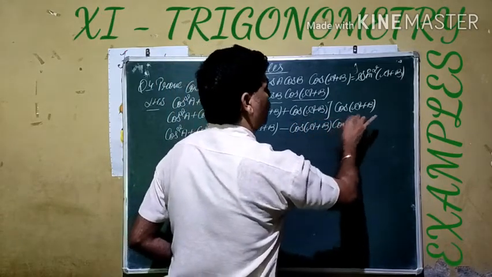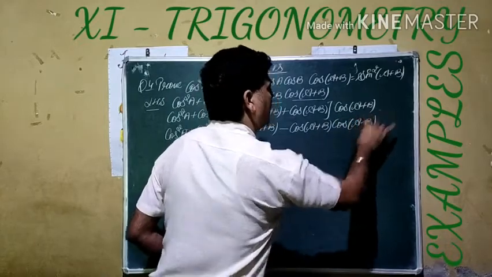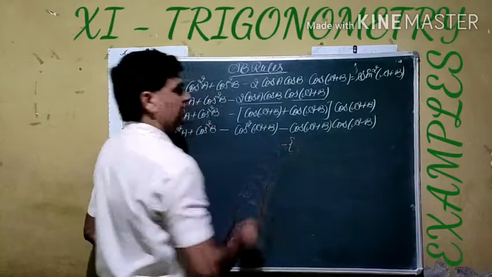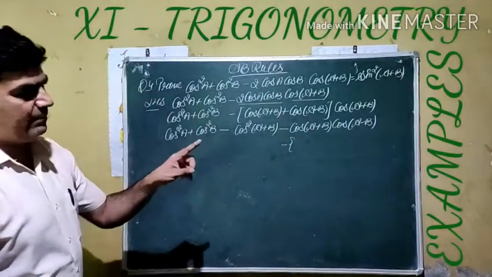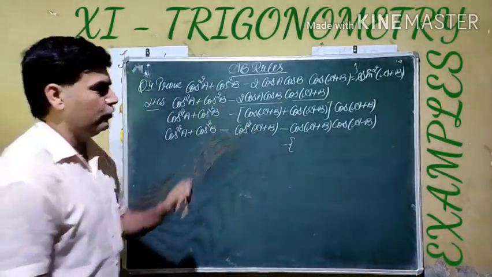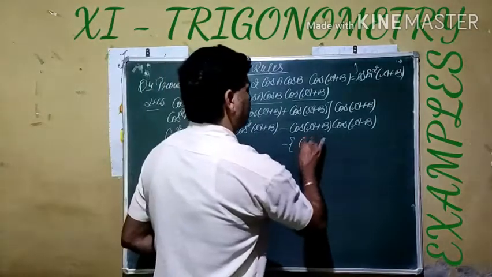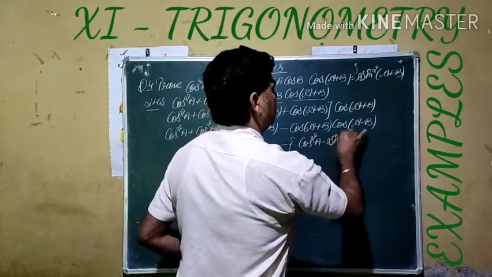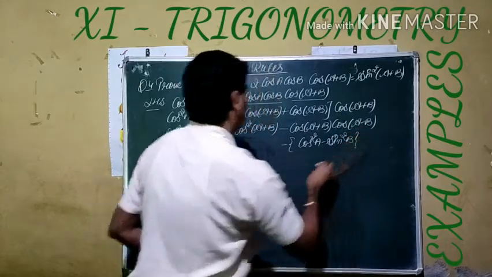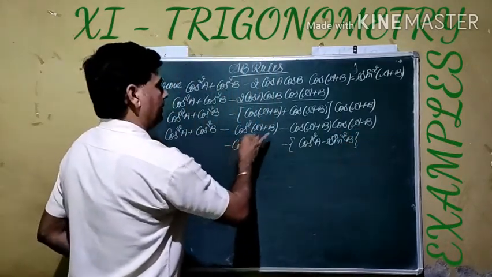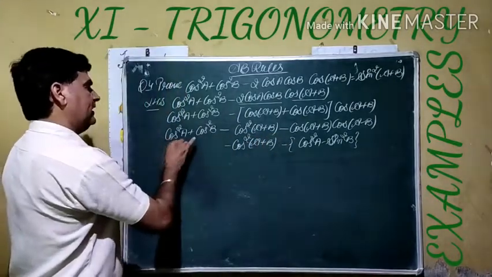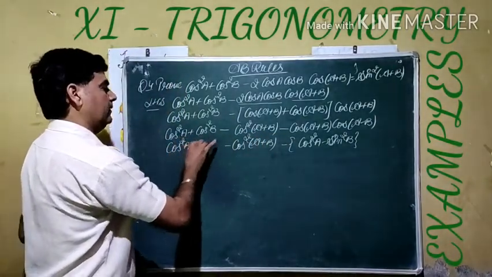Now using the product identity, cos(A + B) cos(A − B) gives cos²A − sin²B. Using the result, this term remains the same, the first term also the same, the second also the same.